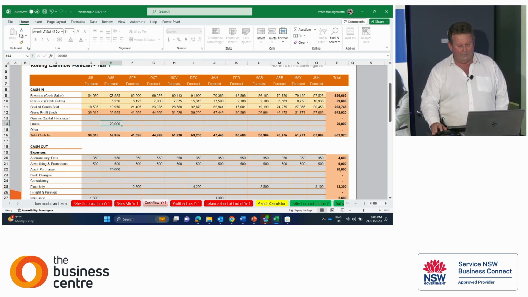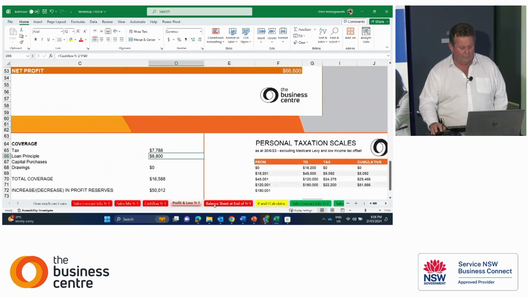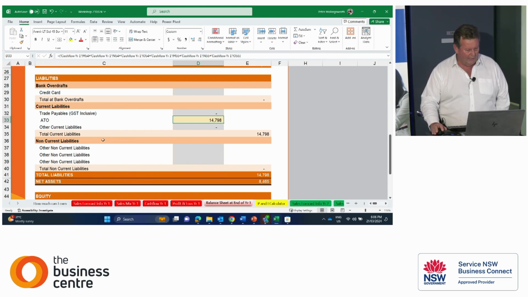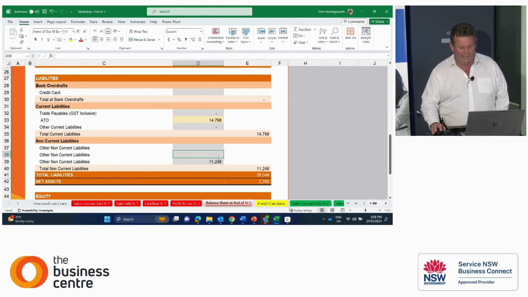We started paying in the second month, if you notice. So after 11 months, what would the balance have been? So if we come over to this principal and interest calculator that we worked out, there's 11,248 that is still due and payable at the end of that 11th month, which is the end of our year. So 11,248 needs to go onto our balance sheet somewhere here as a non-current liability. So that will appear there.